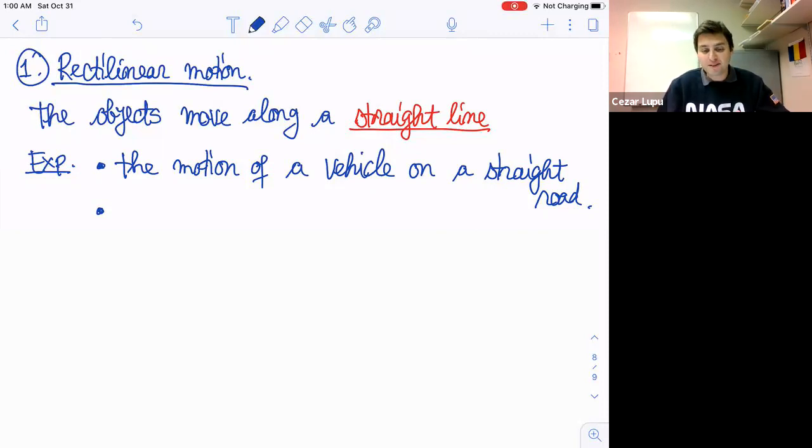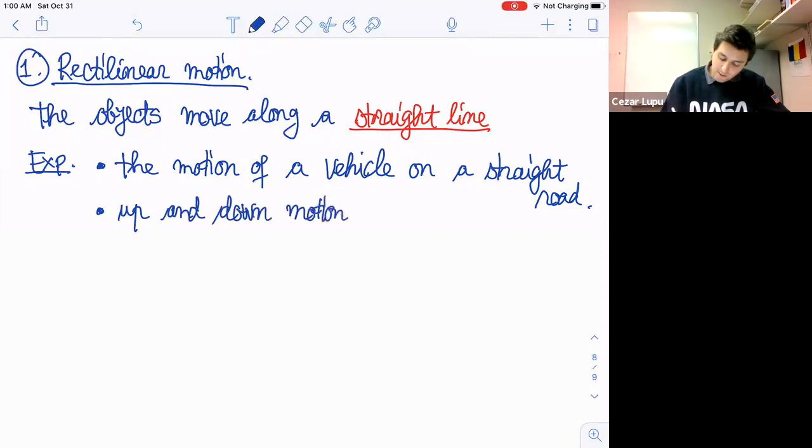For example, up and down motion of a yo-yo. Right? What else?